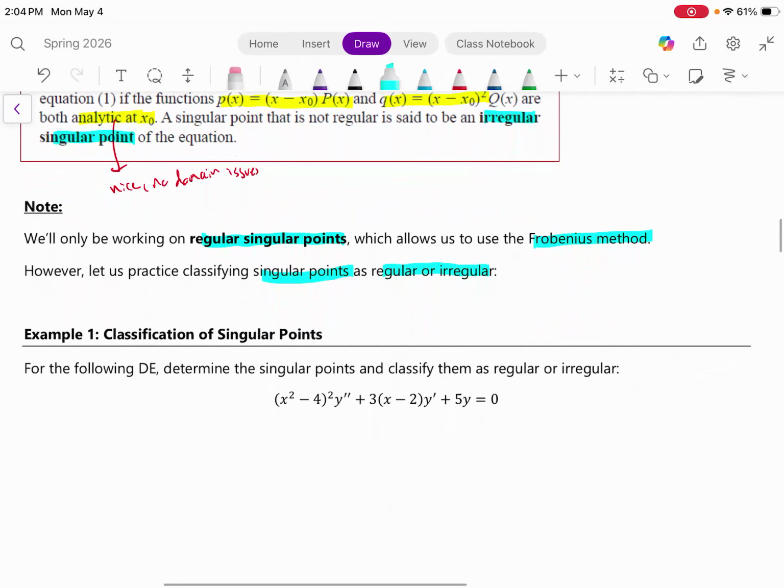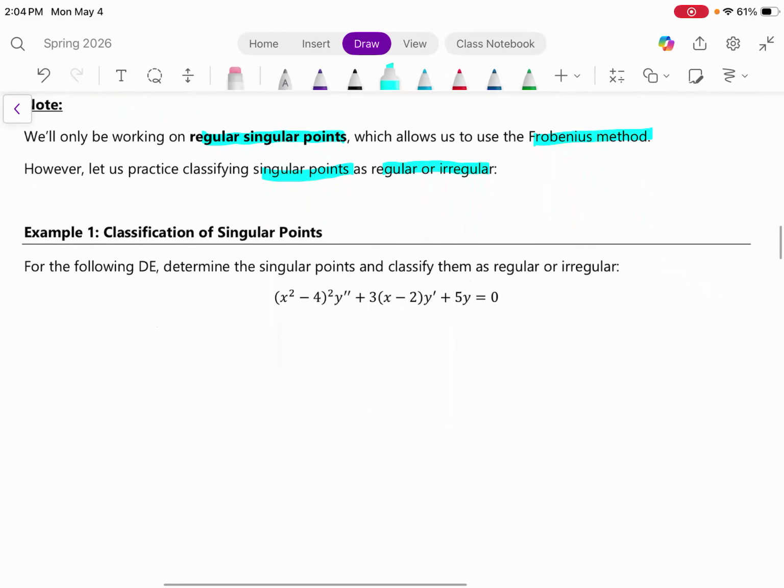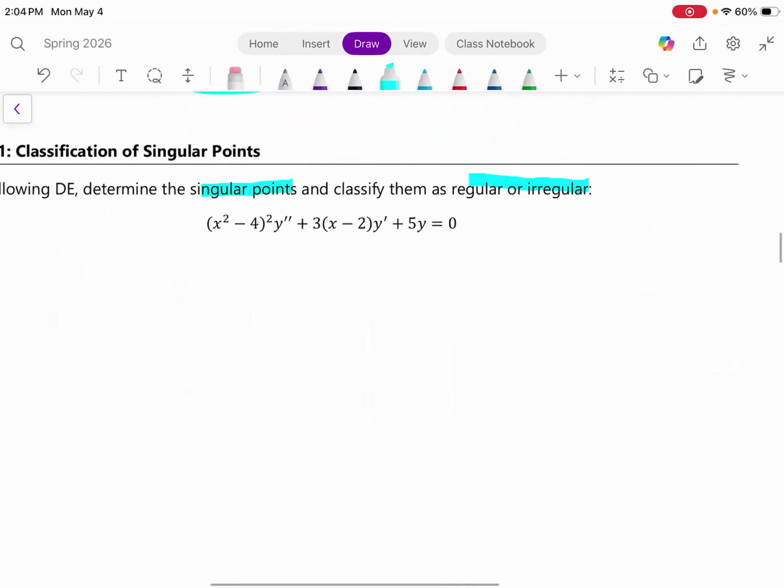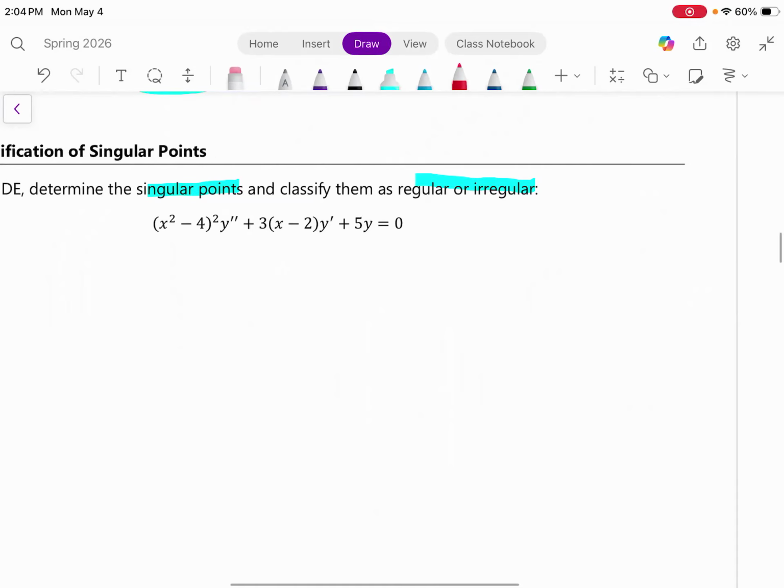So here we go. We have the following differential equation. Determine if singular points are regular or irregular. So we have x squared minus 4 squared y double prime plus 3 times x minus 2 y prime plus 5y equals 0. And so what we want to do here is get p and get q, right?